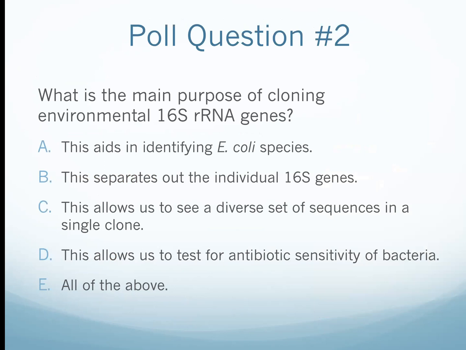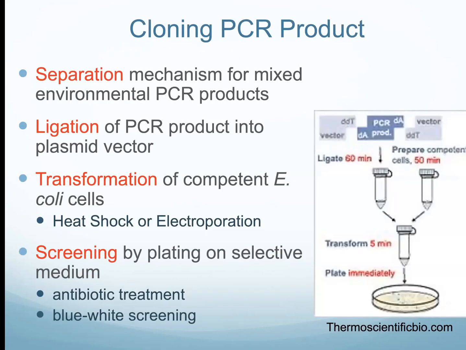So we know it has our 16S gene in there. Does that make sense? Any questions about that? That's a fairly rapid explanation, but now you know how cloning works if you've never learned that before. And that's exactly what the Oxenwright paper was showing. That's the method they used.